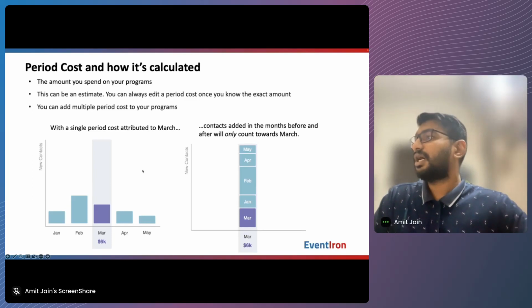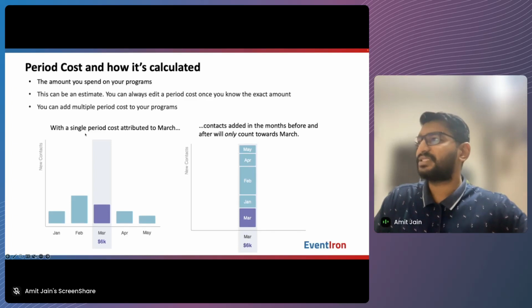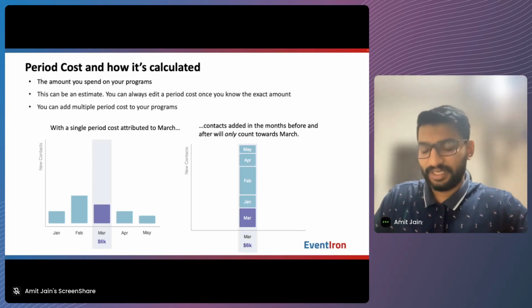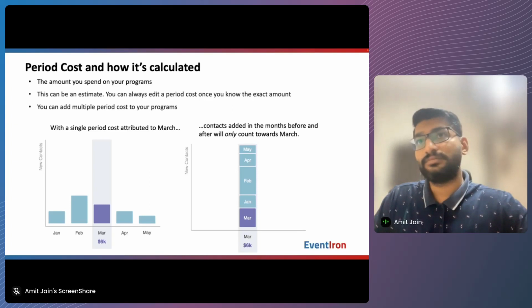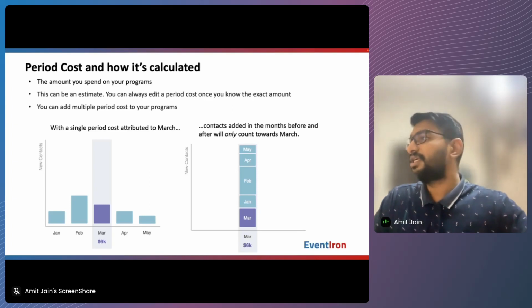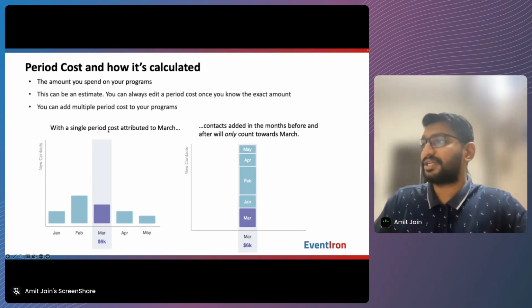Okay. Now there are ways Marketo calculates the period cost, and how you can get that cost per lead. So with a single period cost attributed to March, let's say you started running some program in January through May, right? And you started getting some contacts in January, then February.